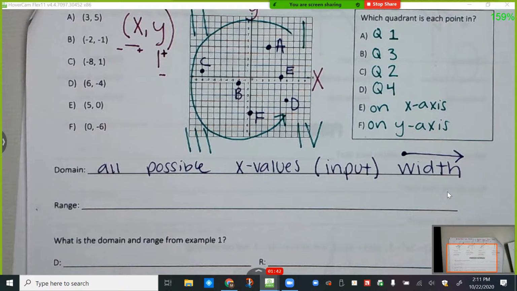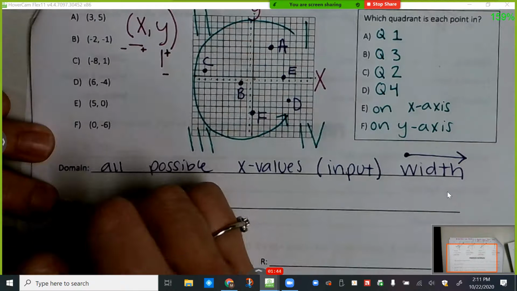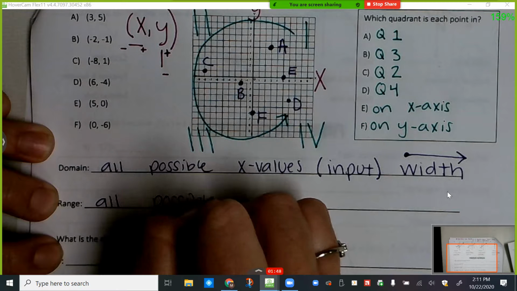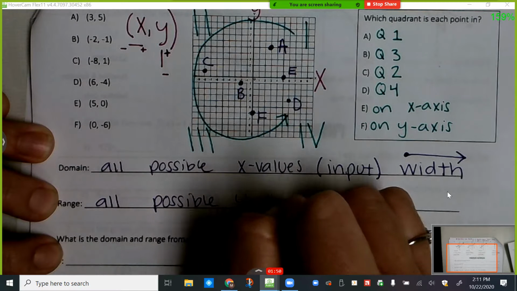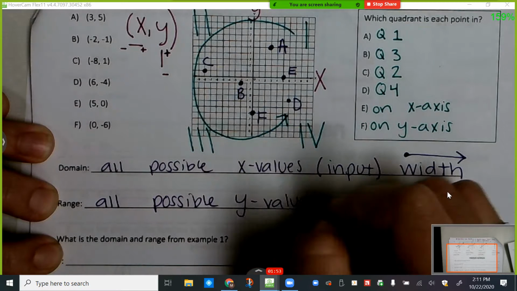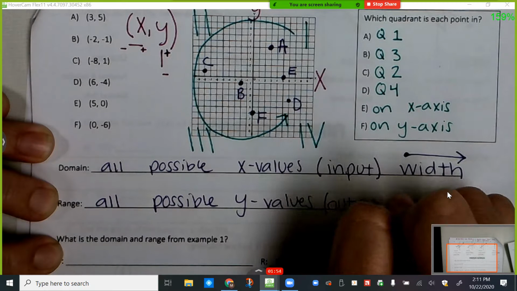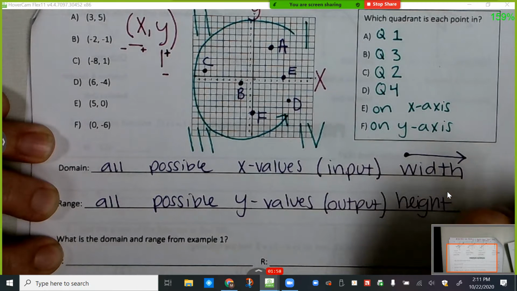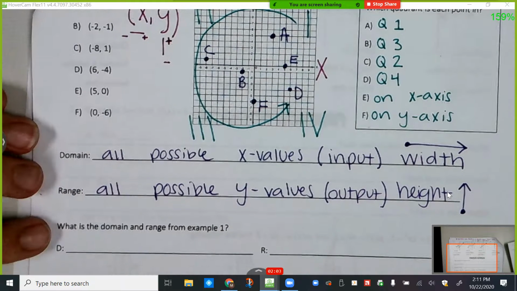Okay? Range is all possible y values. It's your output, and I call it your height. You start at the bottom and you work your way up, so that way it's least to greatest.